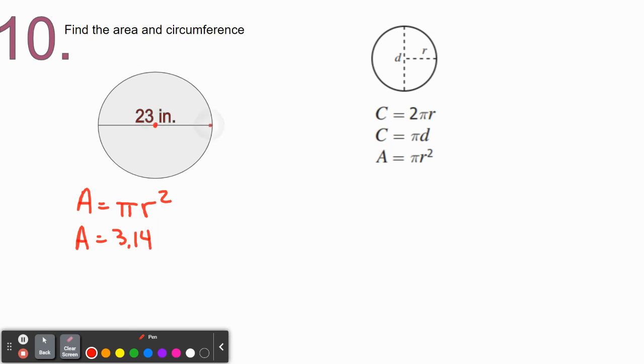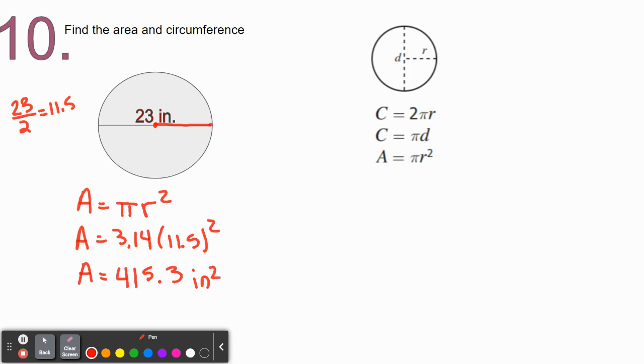So to find the radius, you need to cut that value in half. So 23 divided by 2 is 11.5. So our radius is 11.5. Okay, so we can put that into our calculator. And if we round that to the nearest tenth, we should have gotten 415.3 inches squared.